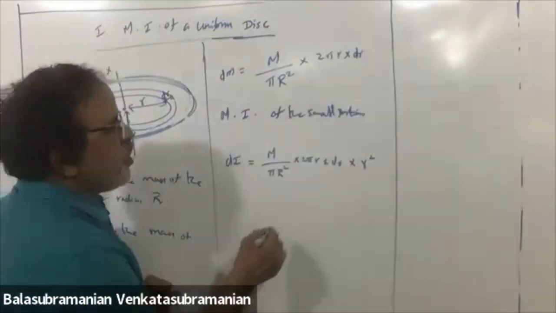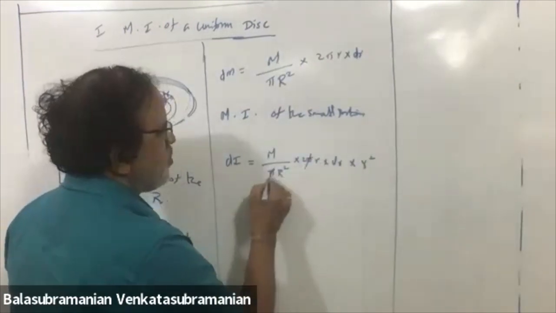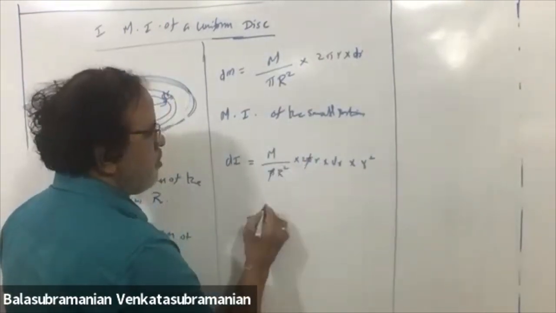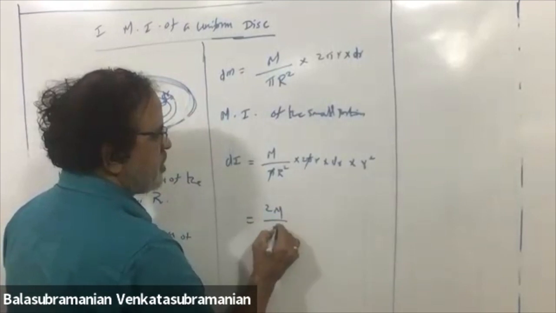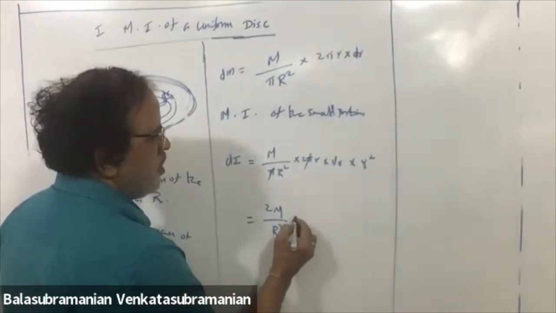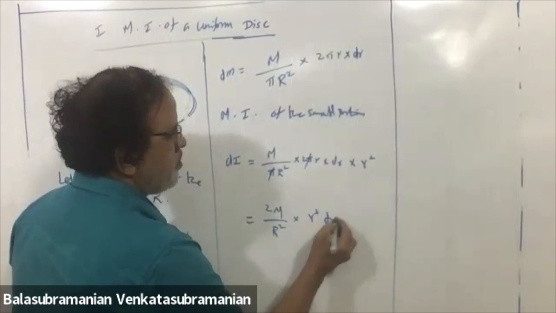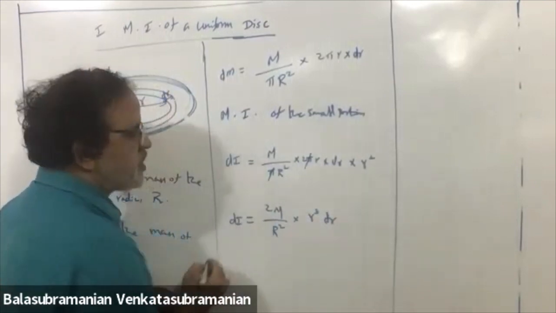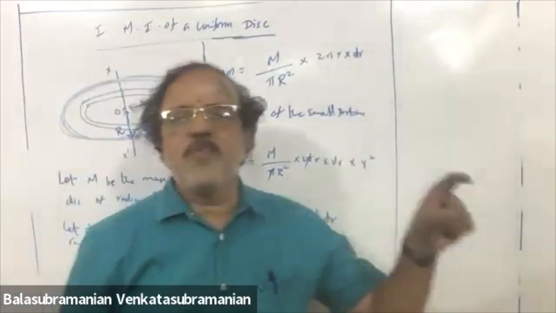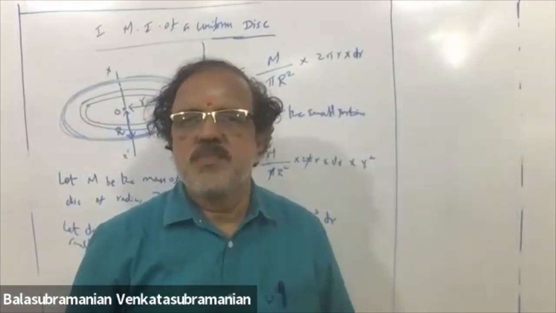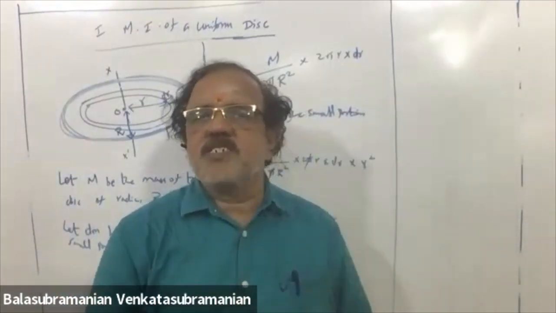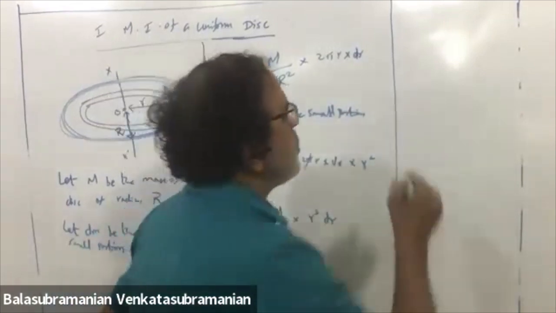So I can write, pi gets cancelled, 2m by r square into r cube dr. This is the moment of inertia of the small portion. Total moment of inertia we have to calculate.